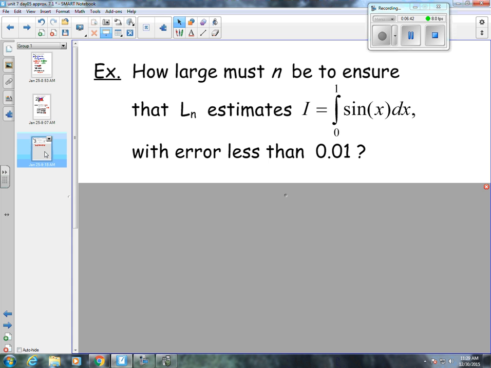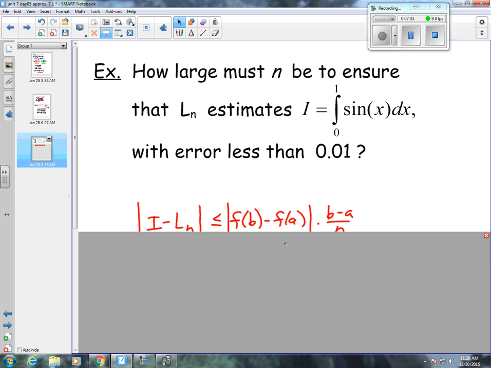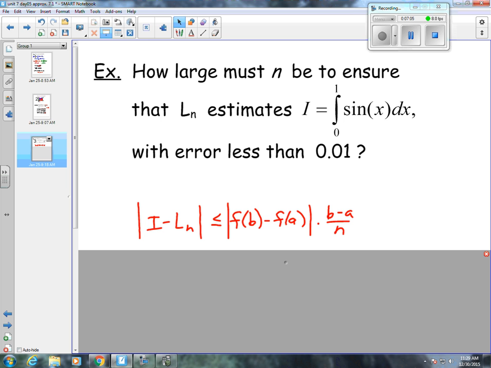So let's try this example. How large must n be to ensure that a left approximating sum with n subintervals estimates the integral from 0 to 1 of sine of x dx with an error less than 0.01? Well, let's use our error bound formula.